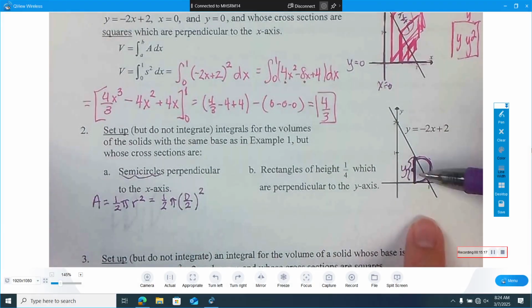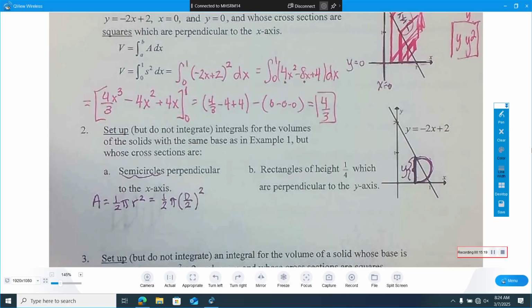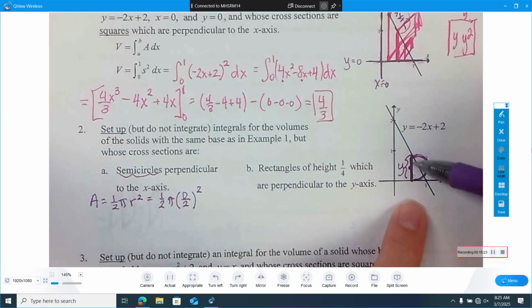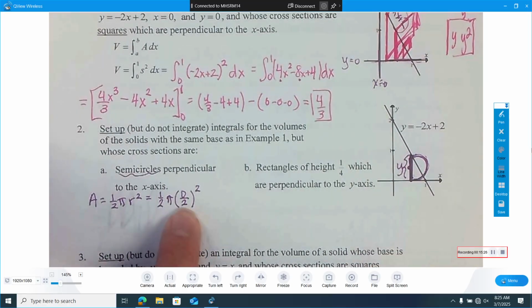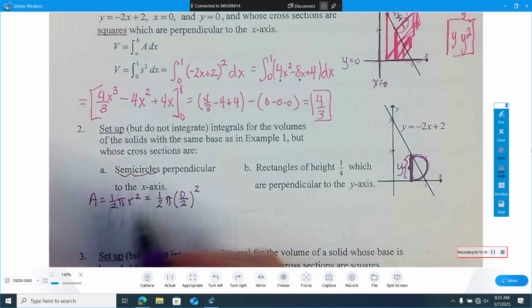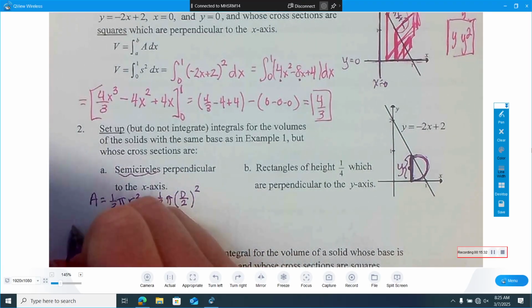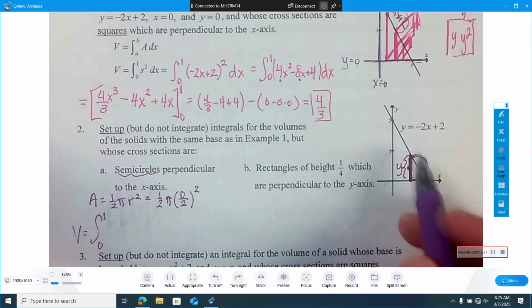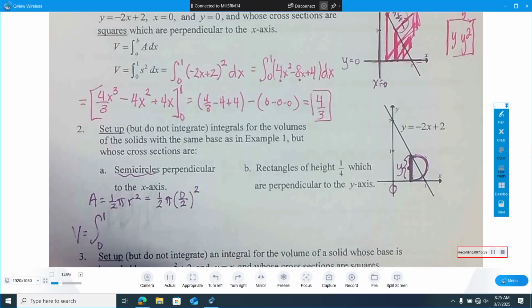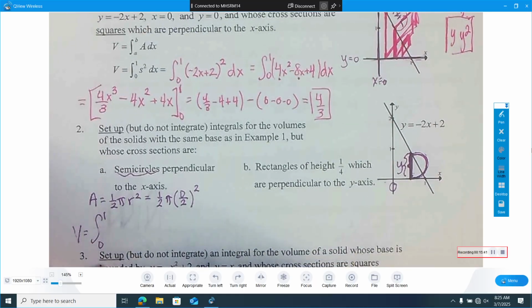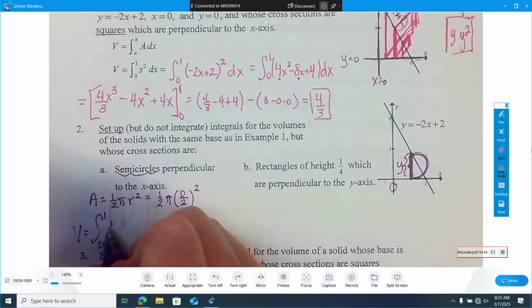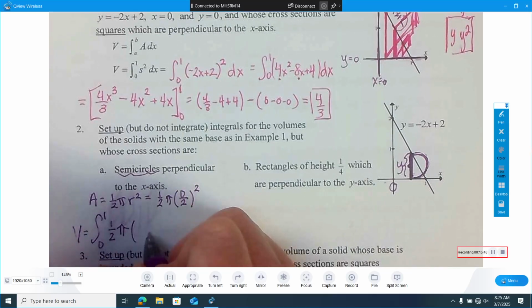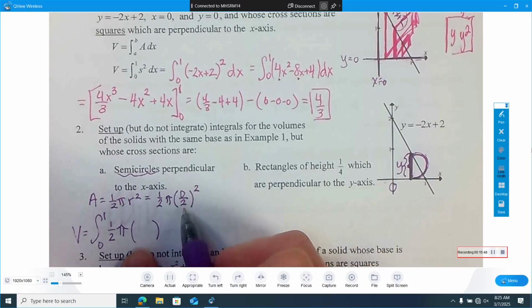So when we're looking at this shape, and this is where visualizing in your head is so important, this is a semicircle. This distance represents the diameter, so I do need to cut that into 2 pieces for the radius. And so if I were to set this up, my volume is my integral from 0 to 1. So we're starting at 0 and ending at 1 here. The area of this semicircle is 1/2 pi, diameter divided by 2.